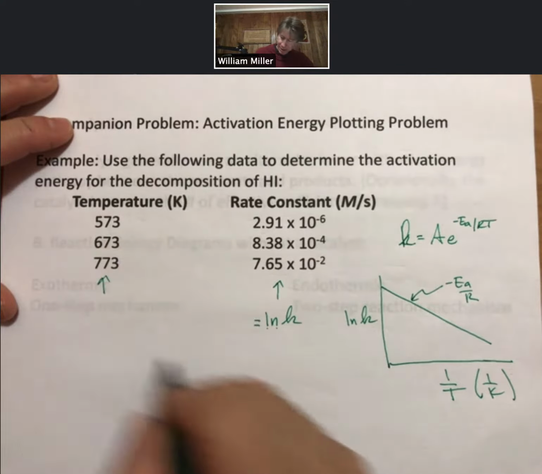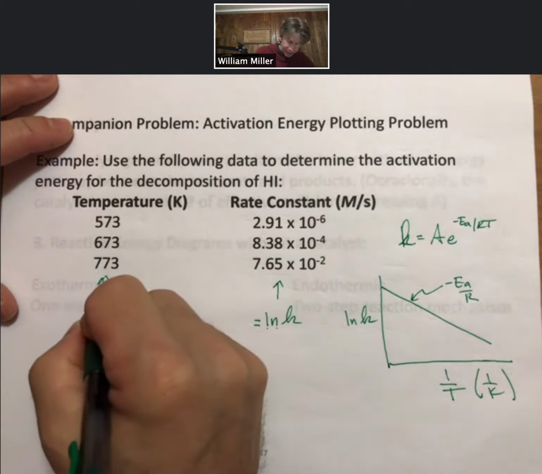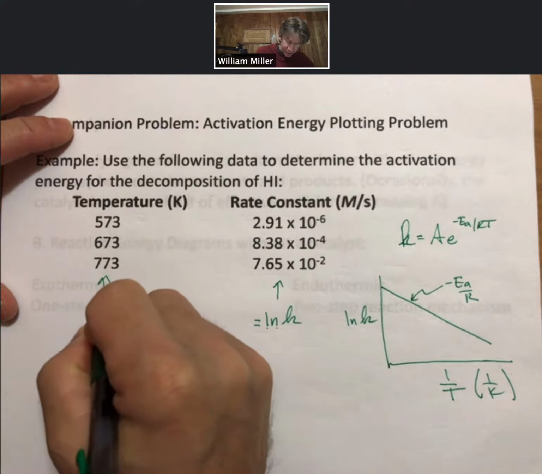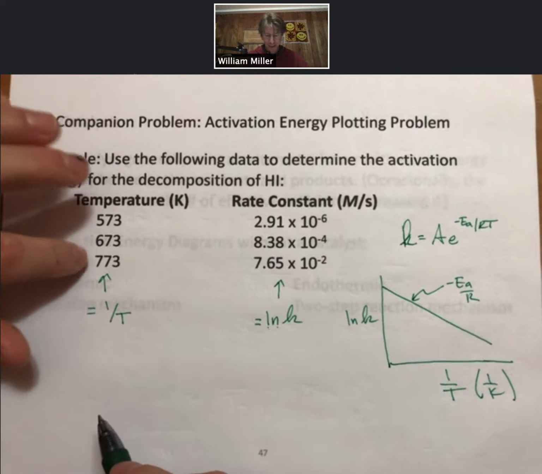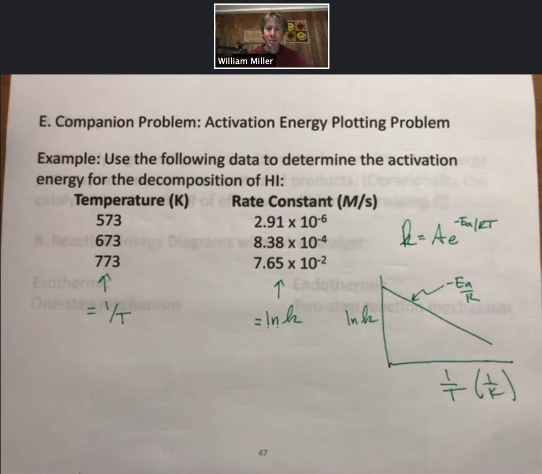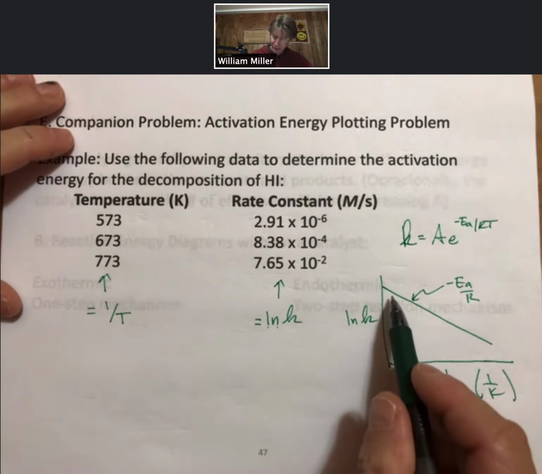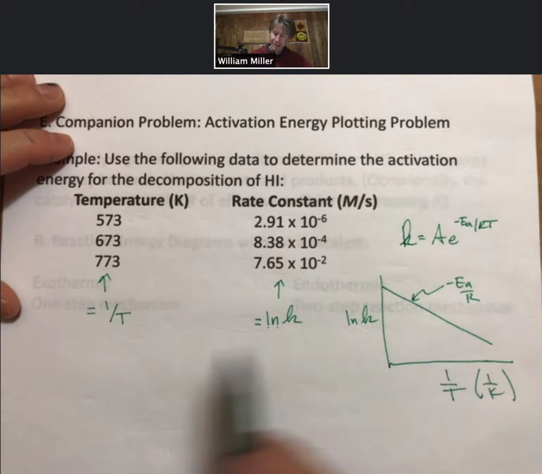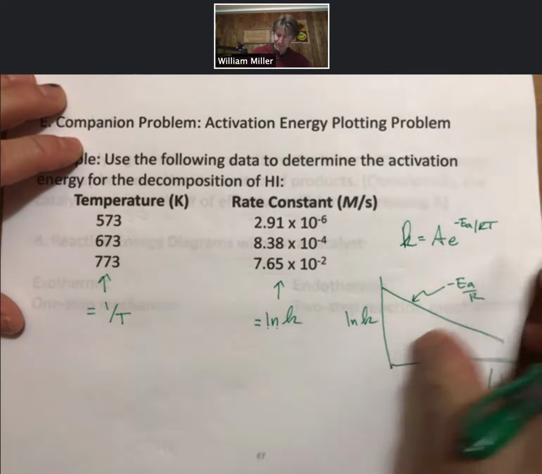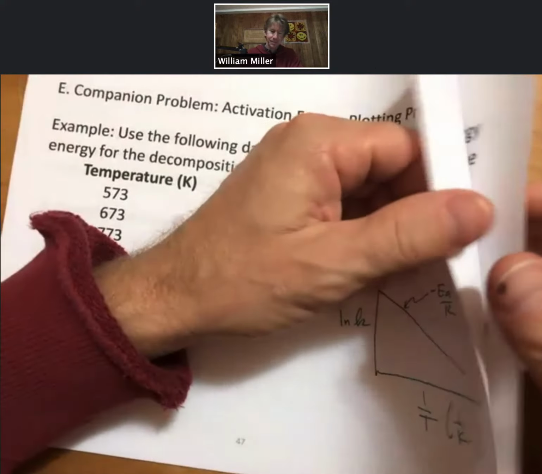Here, you're going to take your temperature, and do equals 1 over temperature, 1 over each of these numbers. And then you're going to plot it. You're going to add a trend line. And I always like to add r squared, the correlation coefficient. But what you need is to add a trend line and display the equation to get that slope. And then tell me what the activation energy is to solve this problem.